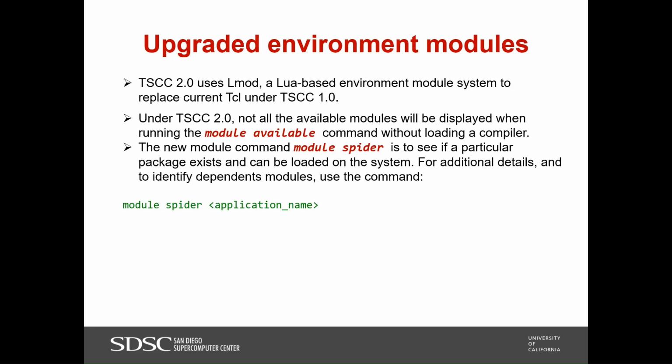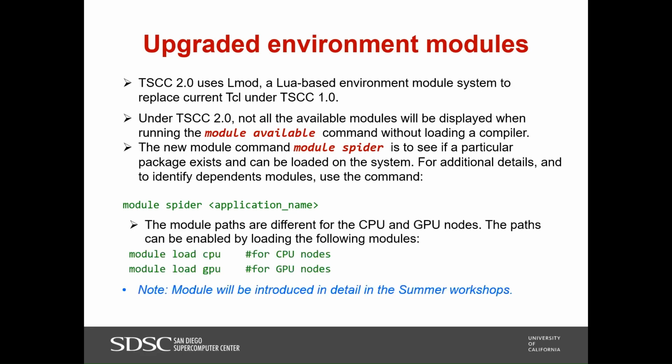For example, if I want to know about the software called GROMACS, I can just type module spider GROMACS, and in the output you will find whether this software is available, what the dependencies of these modules are, and what to load if you wish to load this module. The module paths are different for the CPU and the GPU nodes.